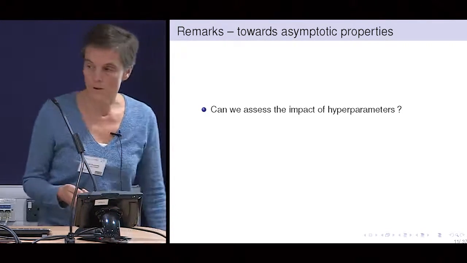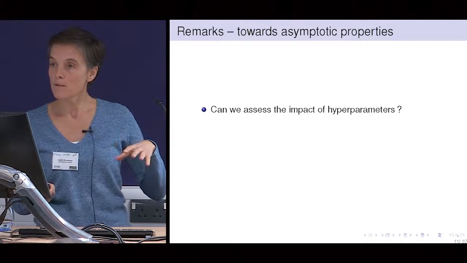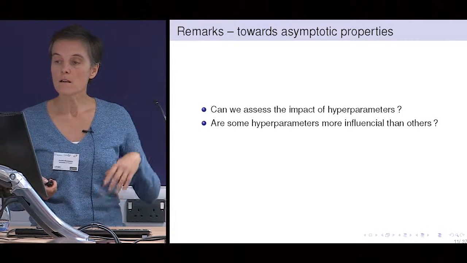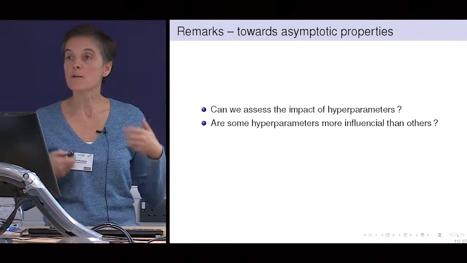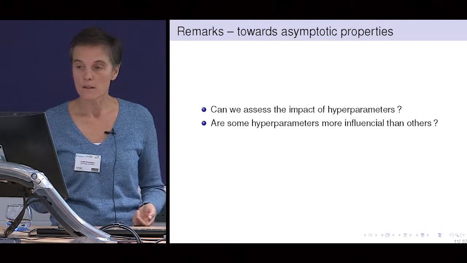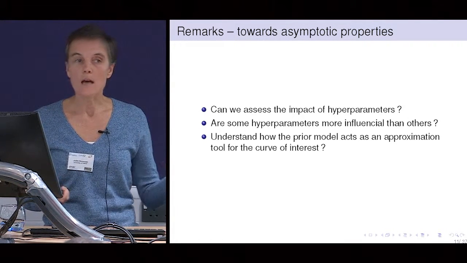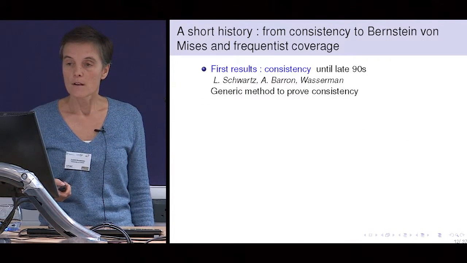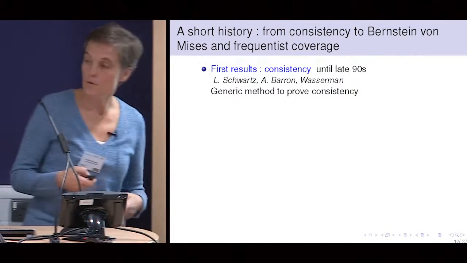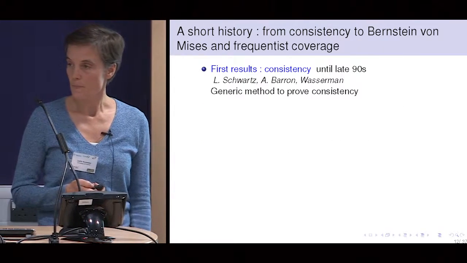So that's one part of the story: to understand the impact of these hyperparameters, which hyperparameters are really influential, and which are the ones that will not disappear asymptotically. How can we get a better adaptive behavior of that? And then also understand the measure of uncertainty associated to these choices.